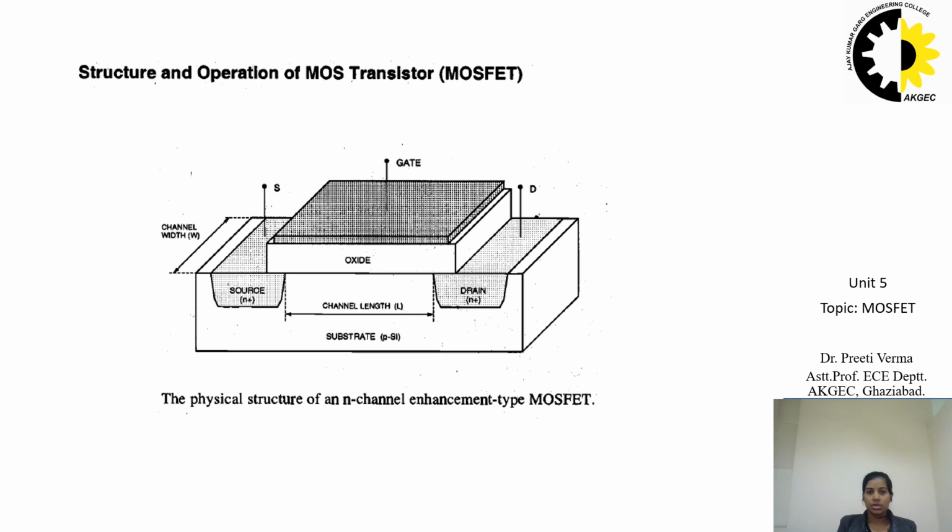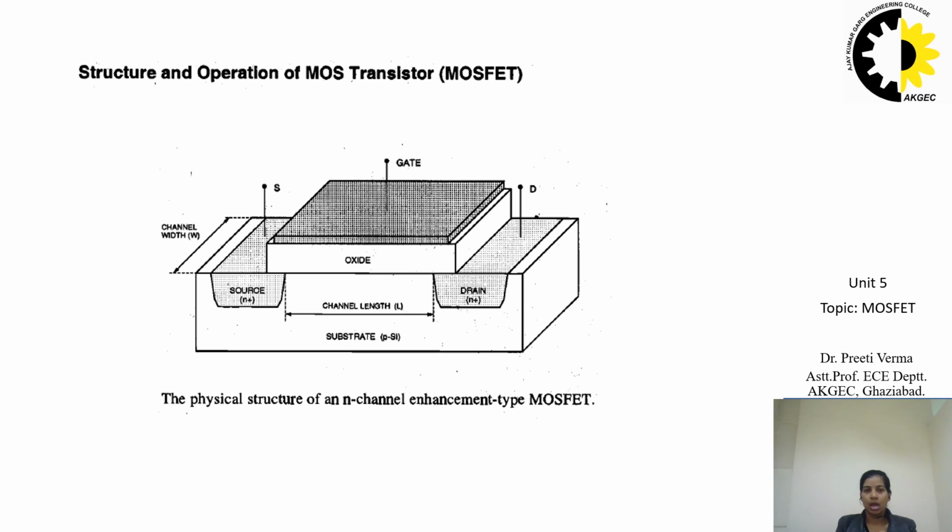So this is the structure, the cross-sectional view of an N-channel enhancement type MOSFET, in which we have P-type substrate, source and drain, and at the top we have the gate terminal. Between the substrate and the gate there is an oxide layer that is acting as an insulator between the gate and the substrate.